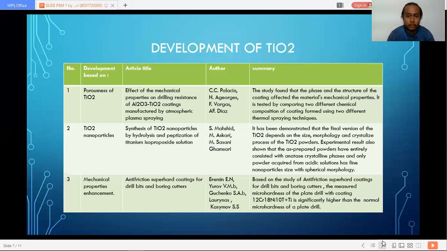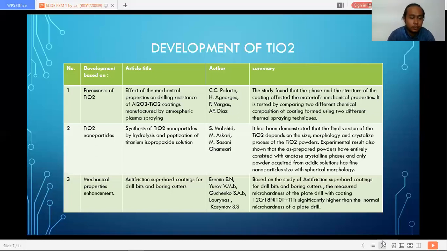It has been demonstrated that the final version of the titanium dioxide powders highly depends on the size, morphology, and also crystallization process of the titanium dioxide powders. The experimental results they got also showed that the as-prepared powders consist entirely of anatase crystalline phase, and only powders acquired from acidic solution have fine nanoparticle size with spherical morphology.